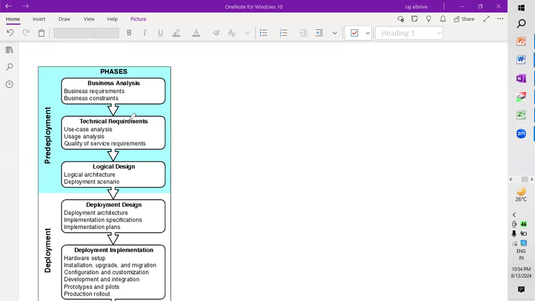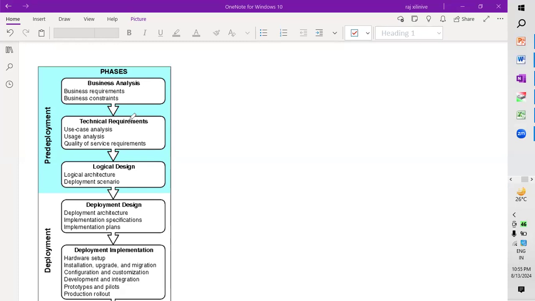Internal users are the users who are developing an application internally. External users are those who are going to use the solution from an external point of view. So understanding use case analysis, with the different scenarios we have, as well as external and internal stakeholders, will be taken into consideration here.